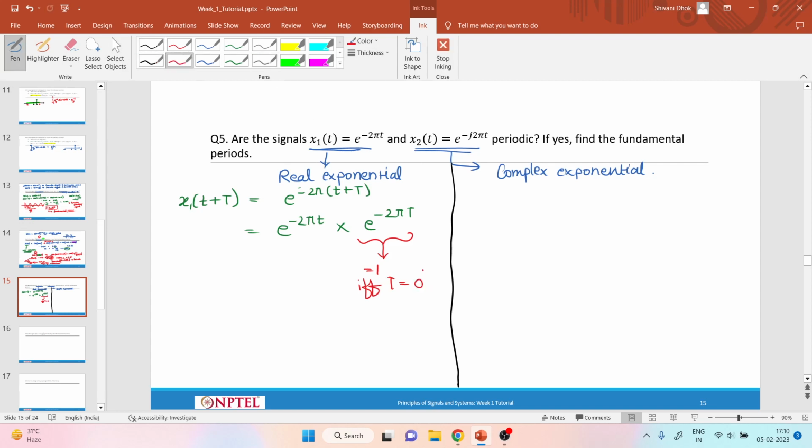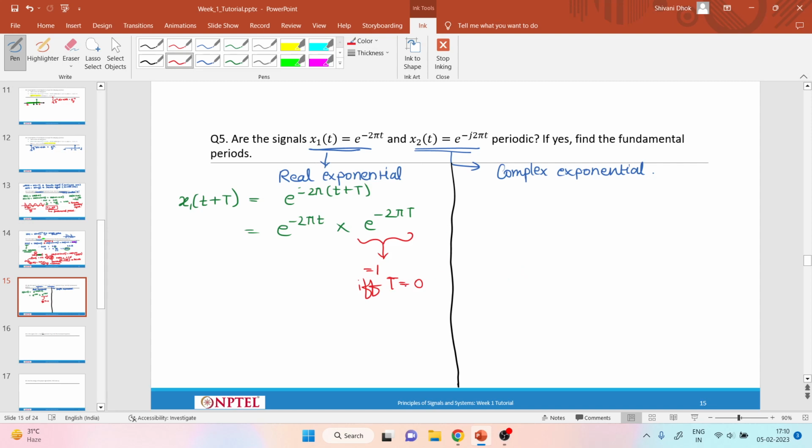That is, basically, we are not shifting the signal. So for a fundamental period, your T has to be a non-zero value. If it is zero, we are not shifting at all, we are just looking at x of t and trying to understand what is happening.